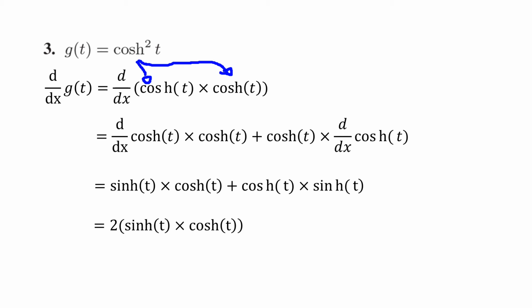This equals 2 times sinh t times cosh t. If you remember the double angle formula, we can rewrite this as sinh of 2t.